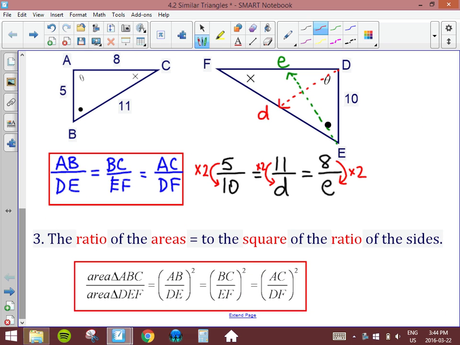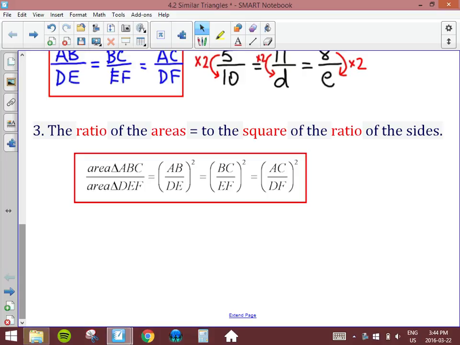The third property of similar triangles is that the ratio of the areas is equal to the square of the ratios of the sides. So I would only ever use 2 of these given fractions or ratios. So I would always think about using my area ratio in this question.